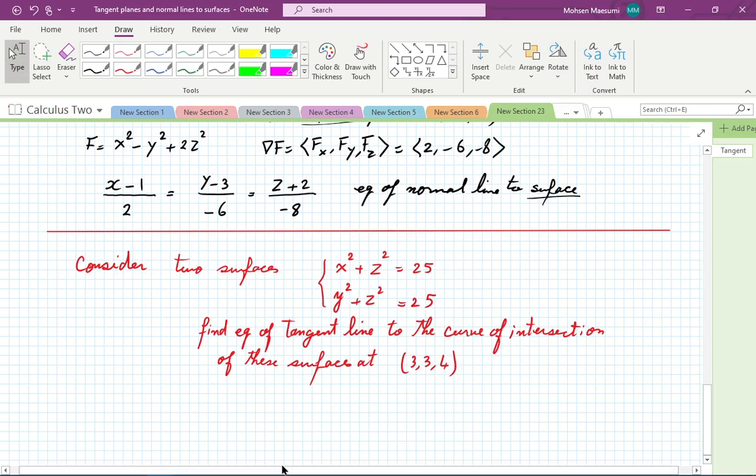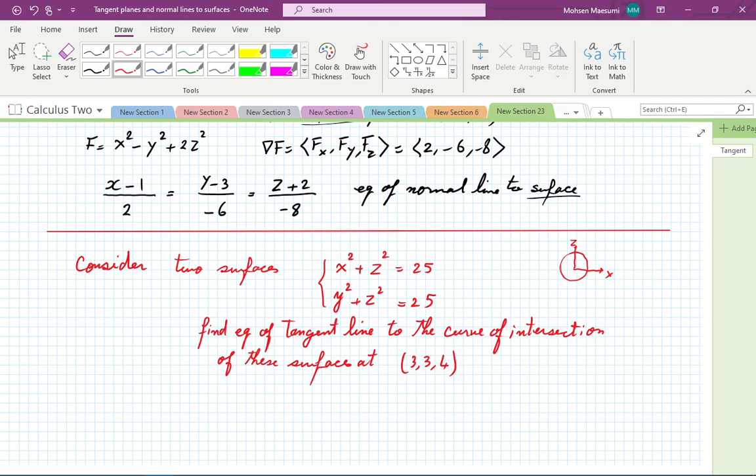So well, what is x squared plus z squared equal to 25? If we were just in the xz coordinate plane, that would be the equation of a circle of radius 5. And since y is missing, we remember from beginning of semester, when y is missing, we are dealing with a cylinder.